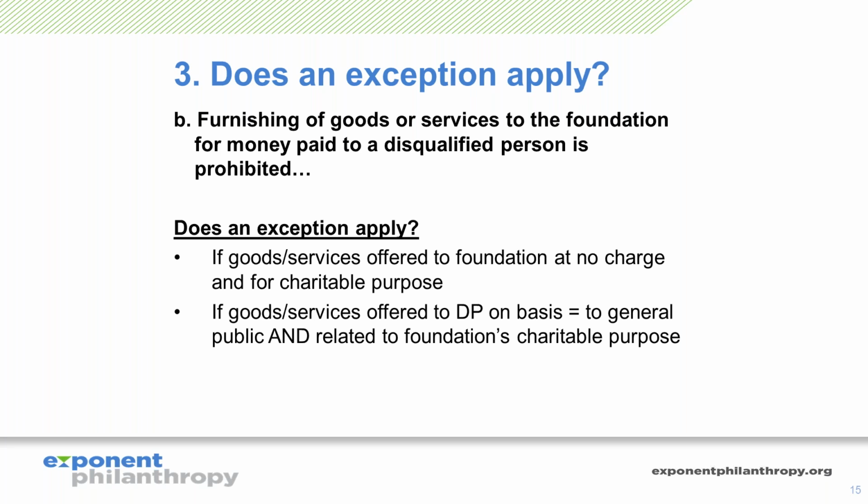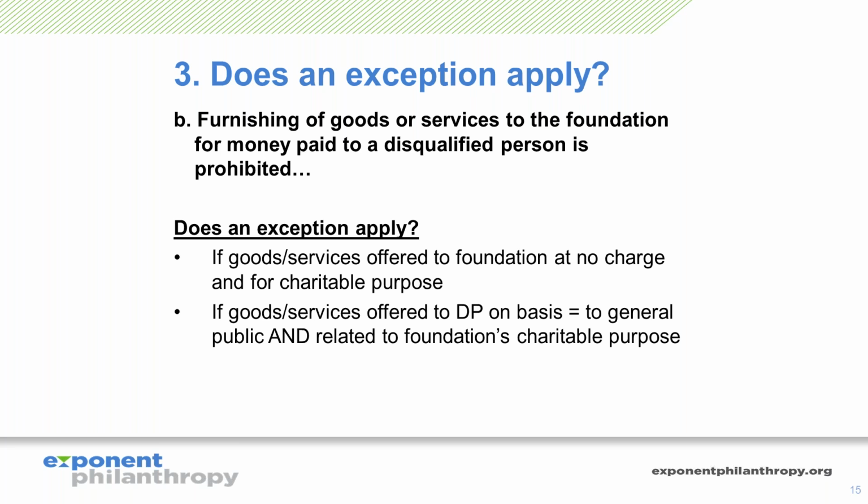For example, let's say that a family business has a paper printing or stationery business, and they want to provide stationery to the foundation. You can do that at no charge to the foundation.